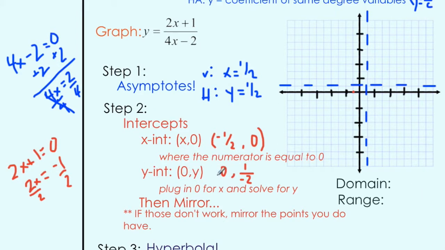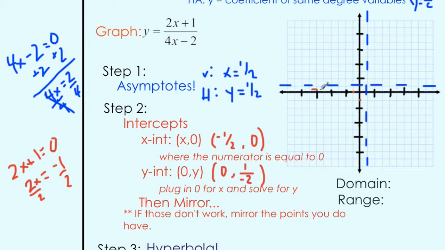So we're talking about y-intercepts. We're going to plug in 0 into this equation here and solve for y. And when I did that, 2 times 0 is 0 plus 1 is 1. 4 times 0 is 0 plus -2 is -2, so y is -1/2. So I have a y-intercept at 0, -1/2. So here's my x and y intercepts.